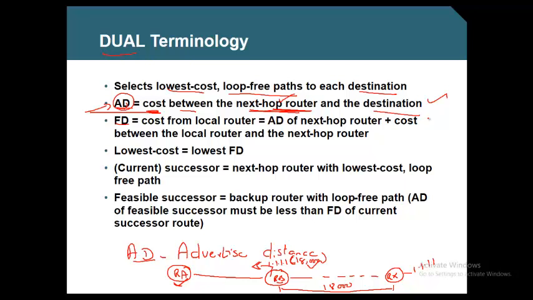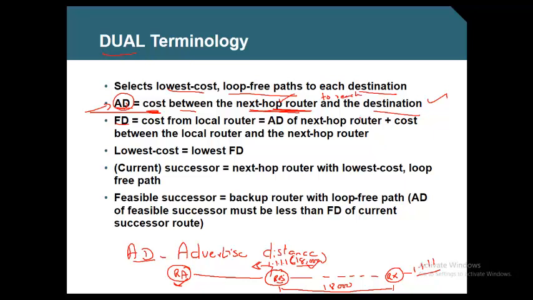Don't say what is written there. Please see, what is written there is something miscommunicating. That is why I'm telling you in my own word. Advertised distance is the metric of router B to reach the destination. Advertised distance is the metric of next hop router to reach the destination.